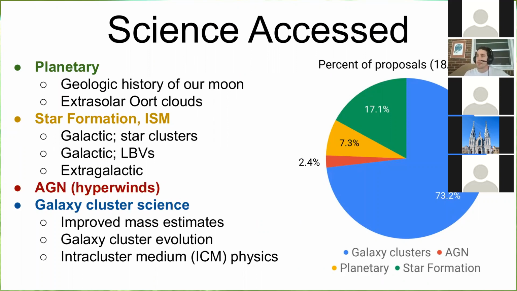There have been a fair number of star formation ISM proposals, either within our own galaxy or extragalactic. There's only been one proposal about AGN and hyperwinds. And then by far the bulk of the science being proposed deals with galaxy clusters. And this is observations through the Sunyaev-Zeldovich effect, which I can touch loosely on, but won't be the primary focus of this talk.